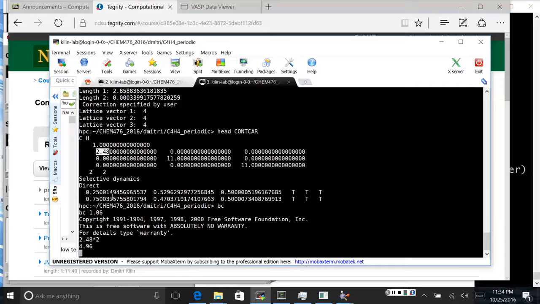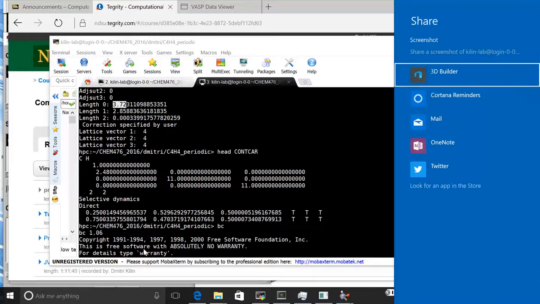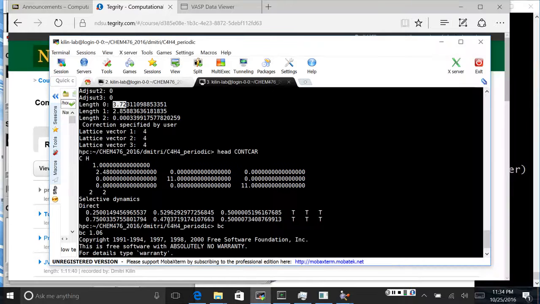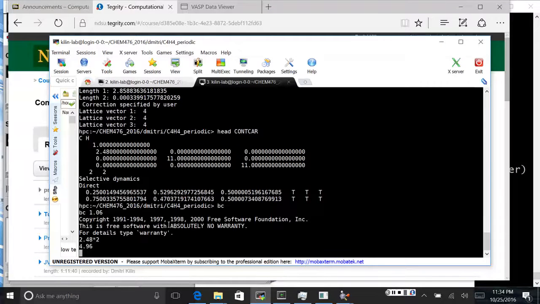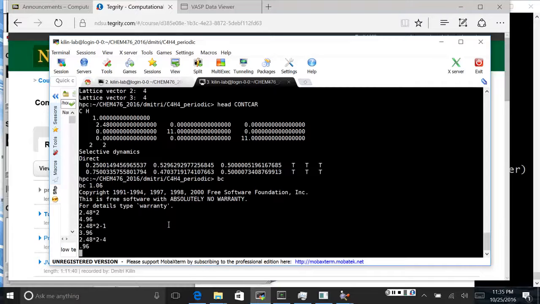And here are the data. VASP calculates the cell without adjustment as 3.7, but it automatically makes everything 4 at the very small unit cells. Later, for bigger units, it processes it in a different way. So 4.96 minus 4 will be 0.96.